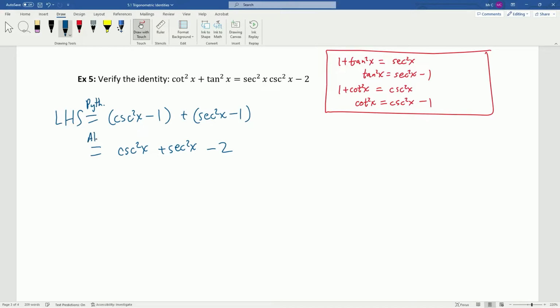So that step was just a little bit of algebra. So what I'm going to do is use my reciprocal identities here to rewrite cosecant of x as 1 over sine of x. So this gives me 1 over sine squared of x. Plus, I'm going to rewrite secant squared of x as 1 over cosine squared of x.